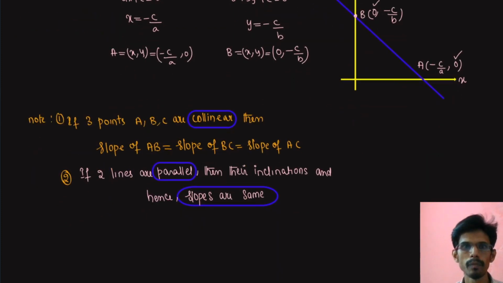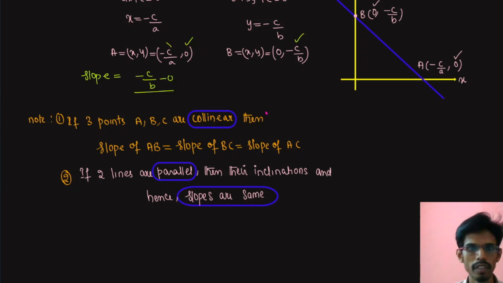Now we know if we have the 2 coordinates of the points, then the slope is just the difference of y coordinates upon the difference of x coordinates. So I have to take the difference of these two: minus c by b minus 0, upon the difference of x coordinates, which is 0 minus of minus c by a.